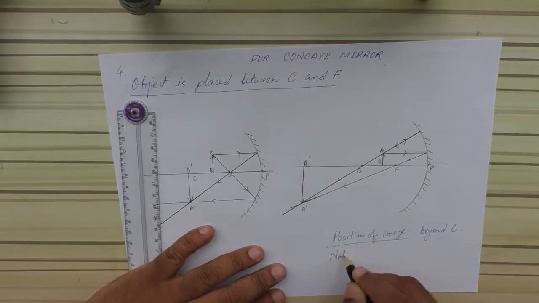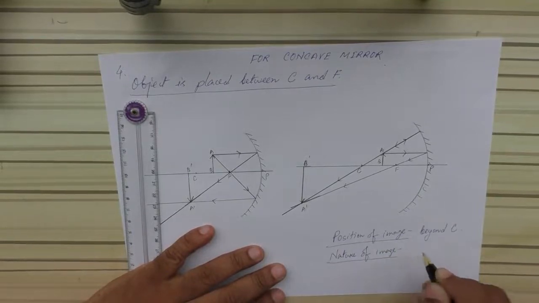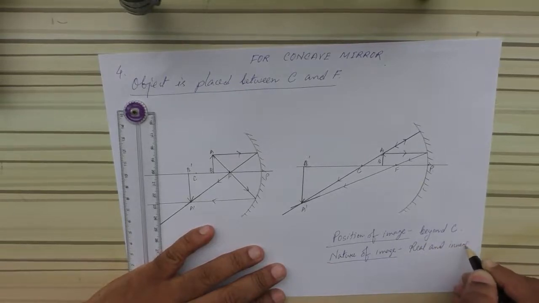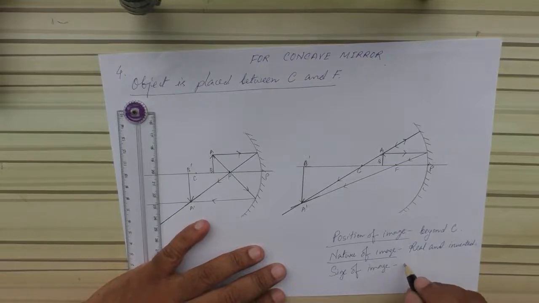If I ask you what is the nature of image, nature of image is real and inverted. What about the size of image? Size of image is enlarged or magnified, we can say.